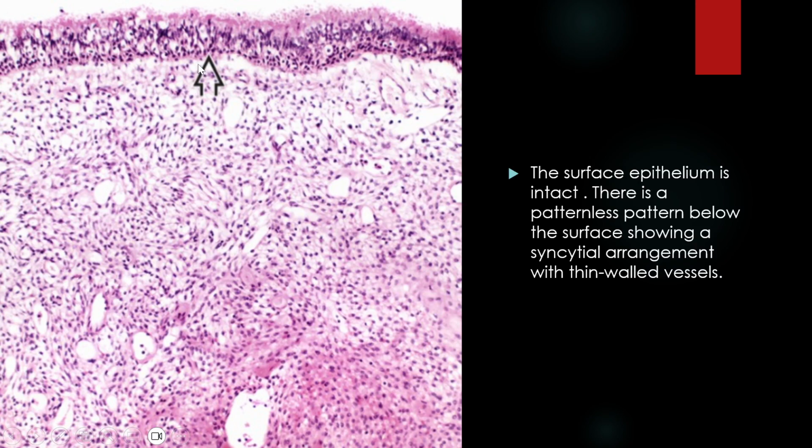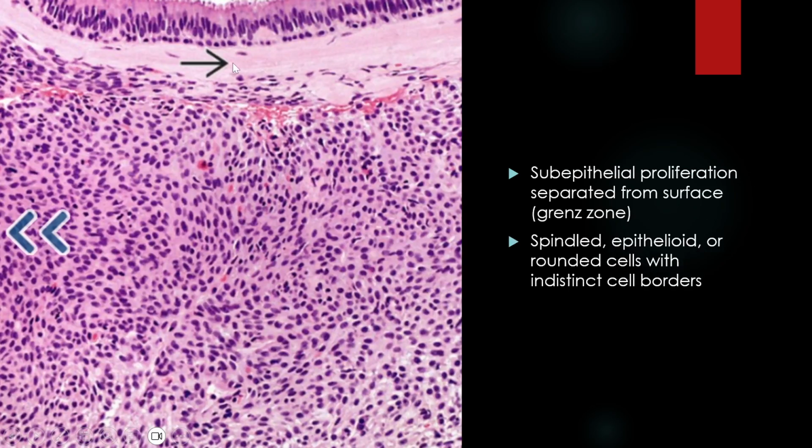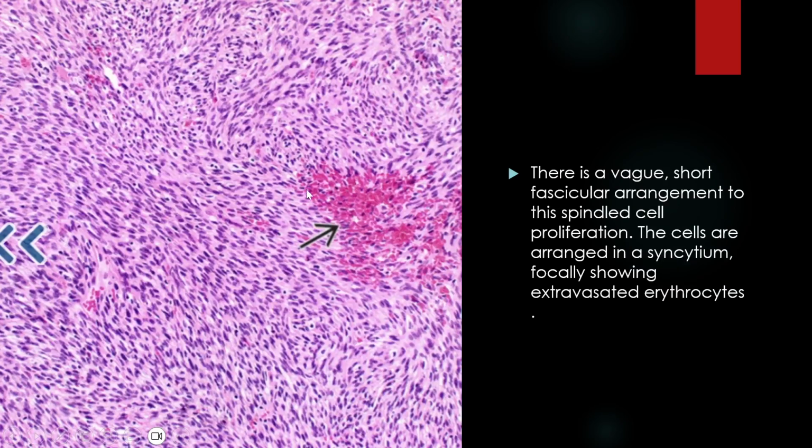So pseudostratified epithelium with this monotonous looking spindle or maybe oval shaped cell, different sizes of blood vessel. Sometimes you will see this grenz zone. That means between the epithelial and stromal tumor cells, you will have some area without tumor cells.